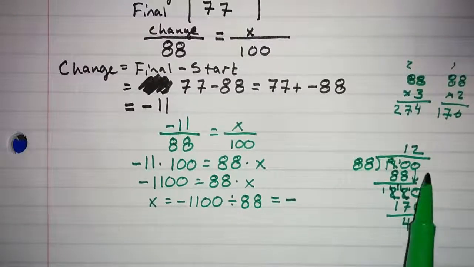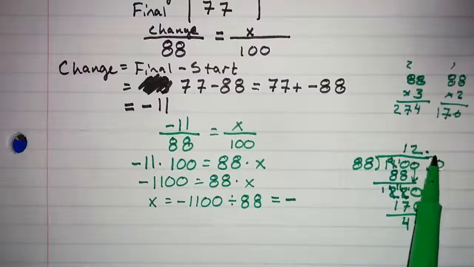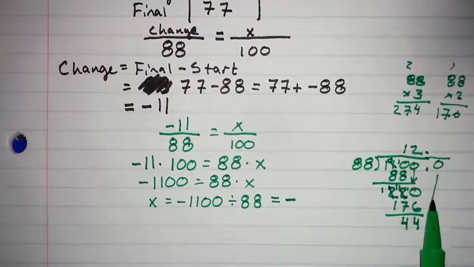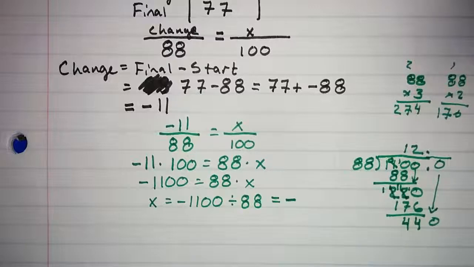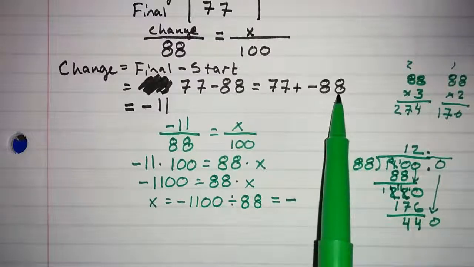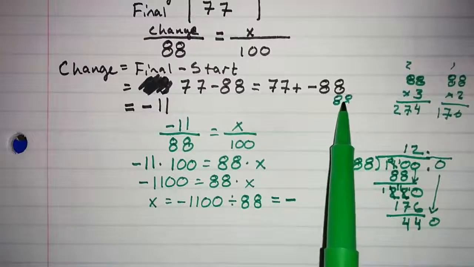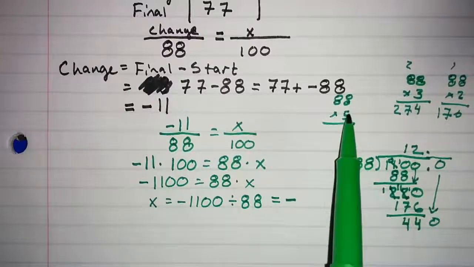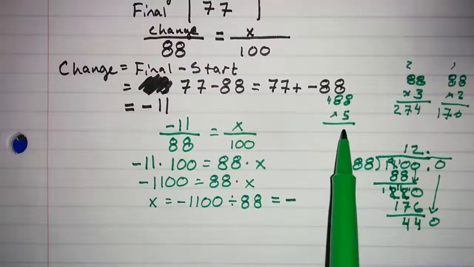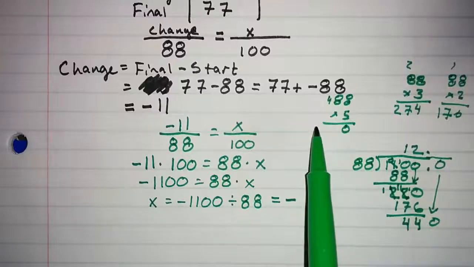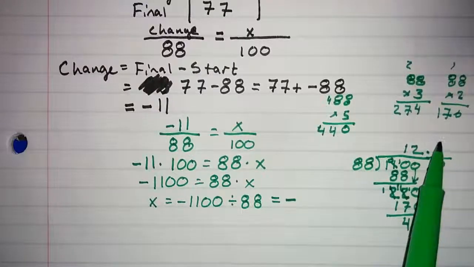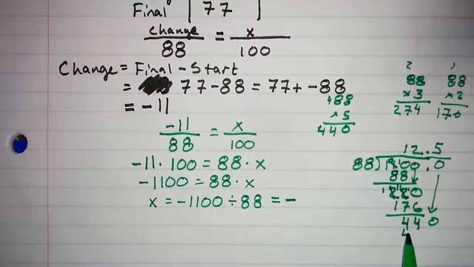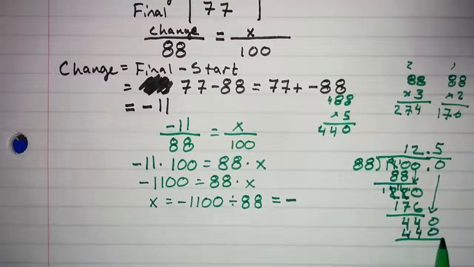I feel like answering as a decimal. Answering as a mixed number would also be fine. 88 goes into 440, I think, 5 times. 8 times 5 is 40. It's almost like I knew that was going to happen, and that's why I chose to give a decimal.